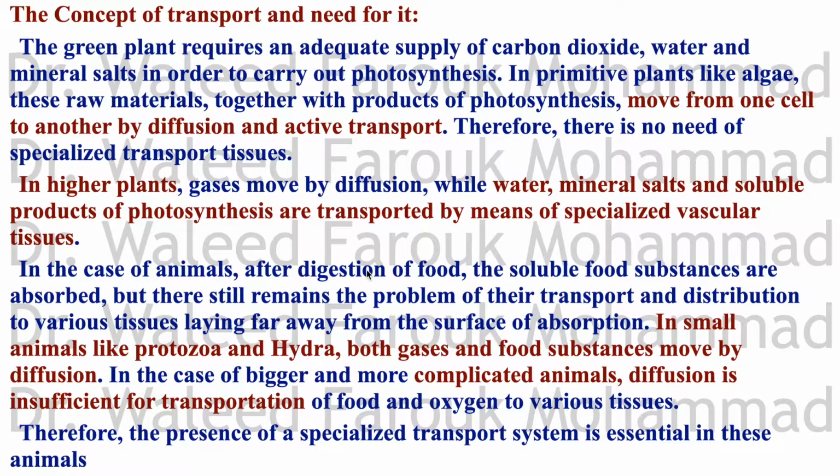But this is not the case in more complex, higher animals. So the presence of a specialized transport system is essential in these animals. We'll be talking about transport in higher plants and transport in higher animals in the next lectures.